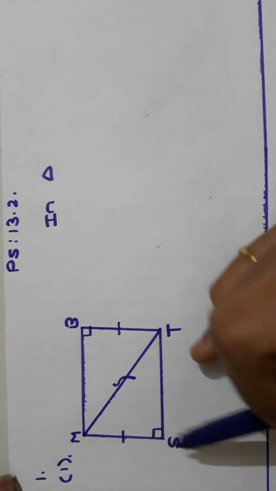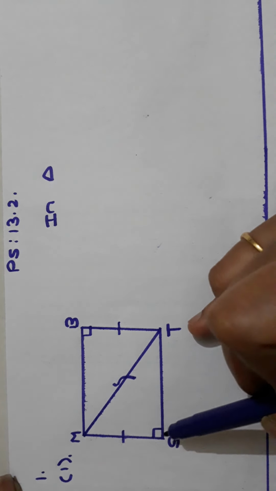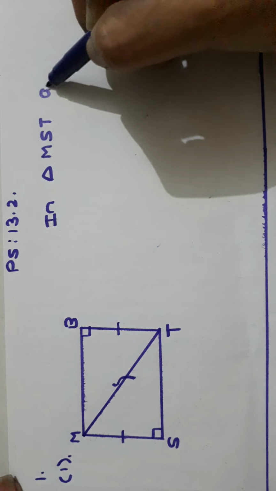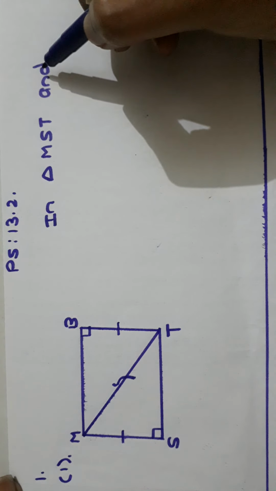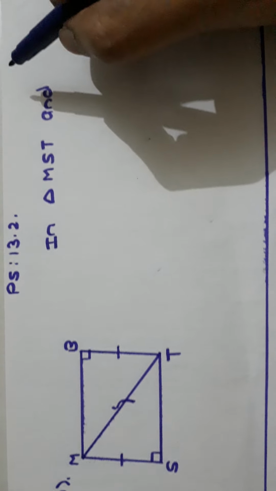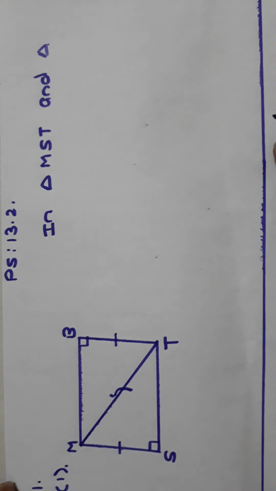Now for the triangle MST, start at vertex M and then move to the vertex S and then to T. So we take the triangle MST. I am not putting the symbol of congruency because we are going to show that both the triangles are congruent. So we consider triangle MST and triangle.